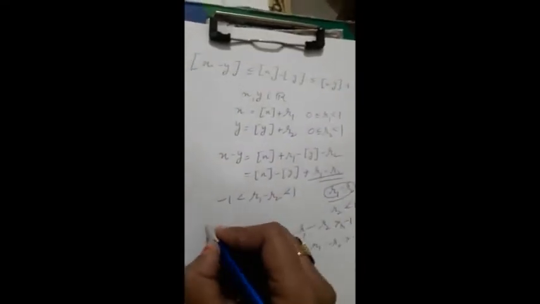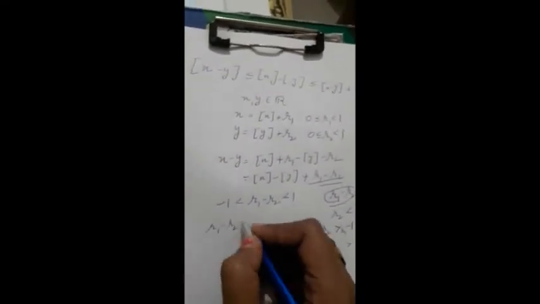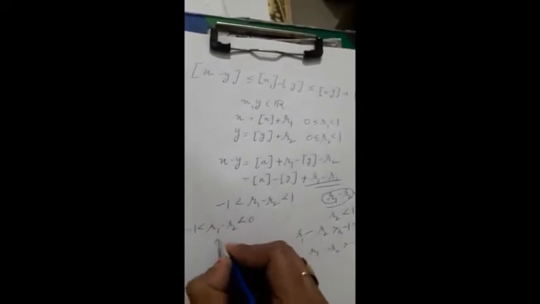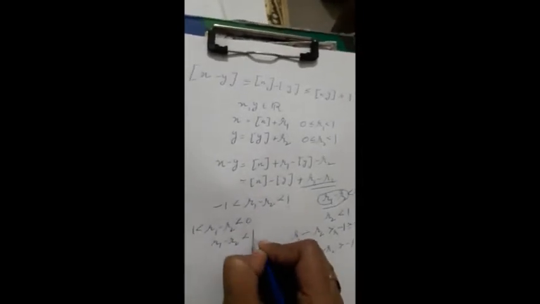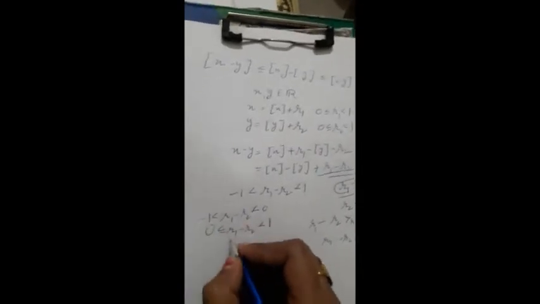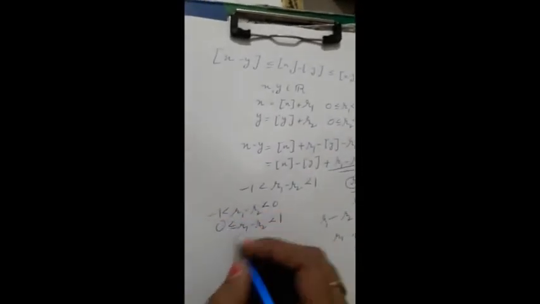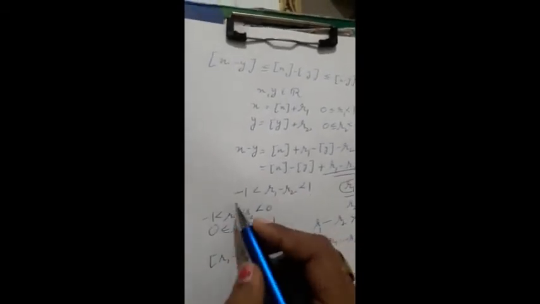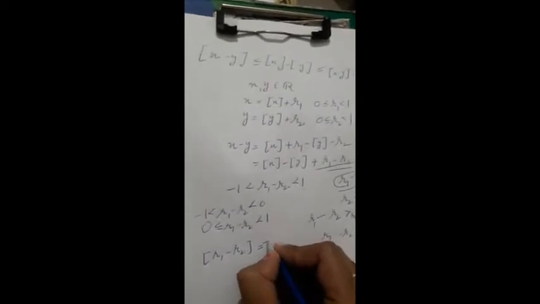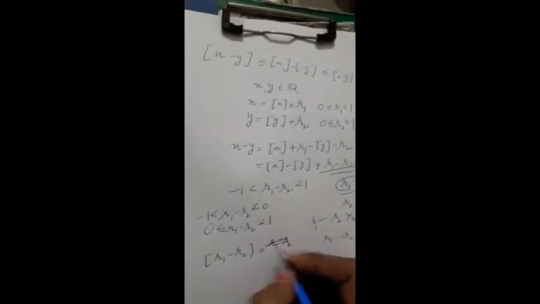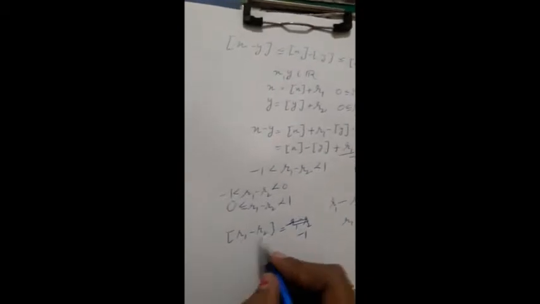We break it in two parts: r1 minus r2 less than 0 and greater than minus 1, and r1 minus r2 less than 1 and greater than or equal to 0. So when it lies between minus 1 and 0, what is its greatest integer? As we have used in our previous part, if it is a number that lies between minus 1 and 0, then its greatest integer is minus 1.